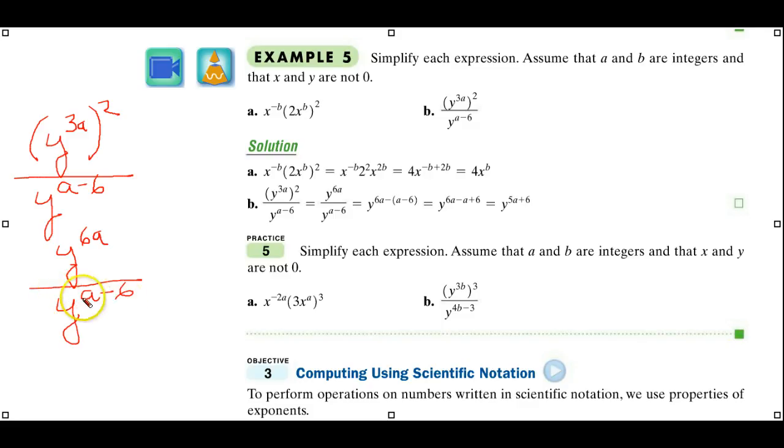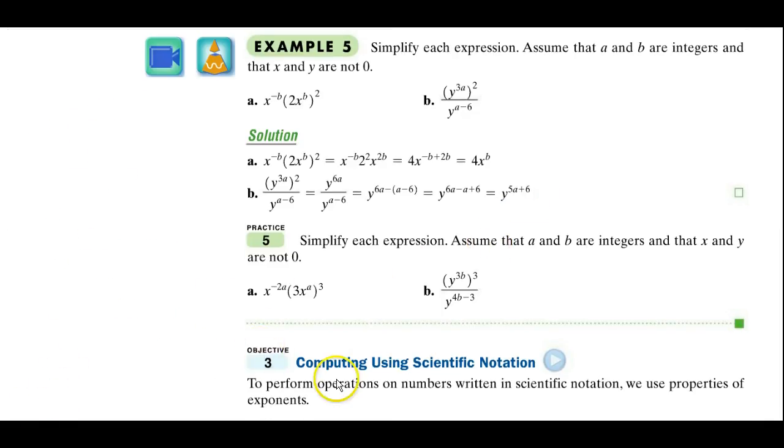So we're going to bring this up from the bottom and now subtract it. So that'll be a -a and a +6. So now in my numerator I have y to the 5a plus 6. And there it is.